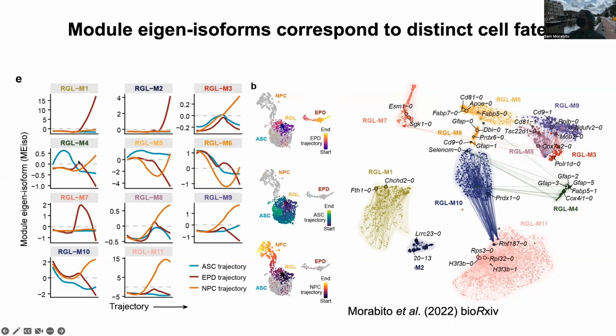Whereas this one down here, interestingly, astrocytes are transcriptomically similar to radial glia, even though they're morphologically distinct. Some of these modules are there and then go down, but they're not really expressed in the adult or more mature cells. And then there are also similar dynamic patterns for modules that are associated with the neurons.